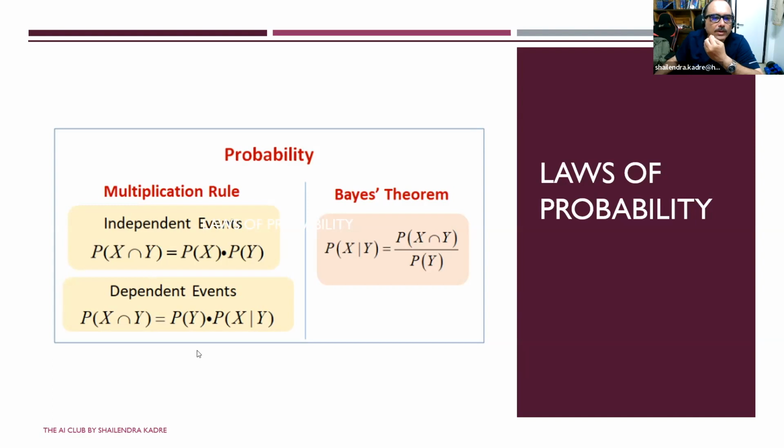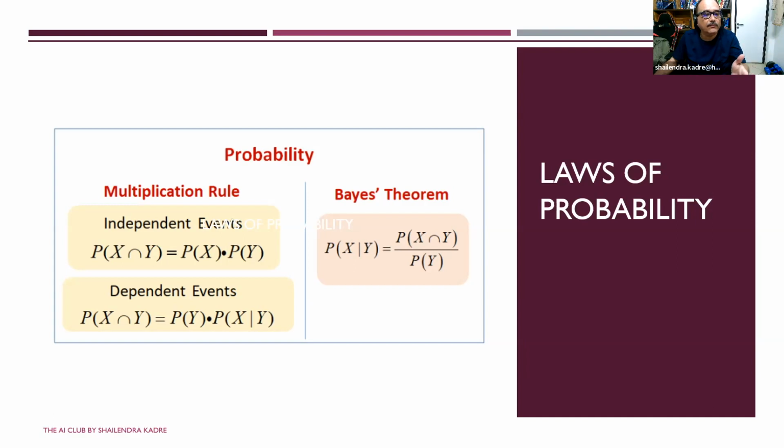Like these 2 formulas we have solved. On the left hand side, independent events you are already aware of: P of X intersection Y is PX into PY. Dependent events: P of X intersection Y is equal to PY into P of X given Y. If events are dependent, it means event X is dependent on event Y. I have explained with the help of that girlfriend example. If girlfriend comes, then only we'll go to see a movie.